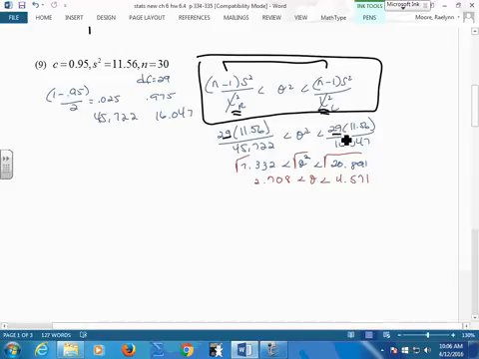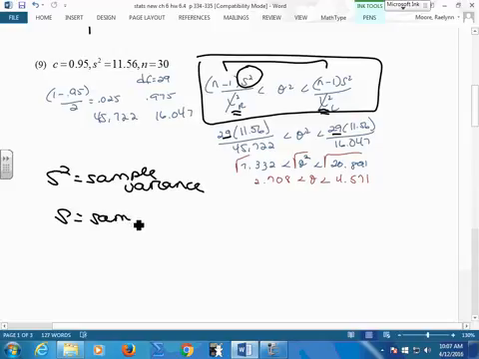This is the tricky part, this S squared. S squared is a sample variance. S is a sample standard deviation. So notice in this one, they gave us the S squared.